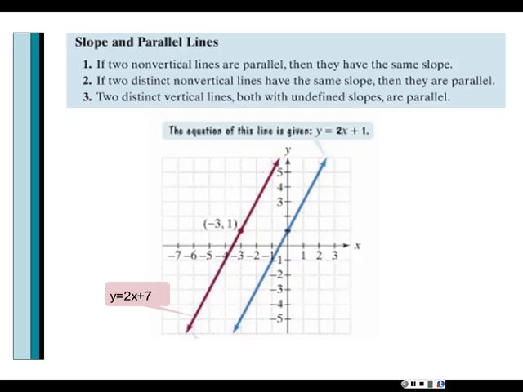Two distinct vertical lines with both undefined slopes are parallel. Because you know that all the vertical lines of the world will be parallel, right? Because each of those lines is parallel to y-axis, right? They're parallel themselves, so that's already implied. We know that.